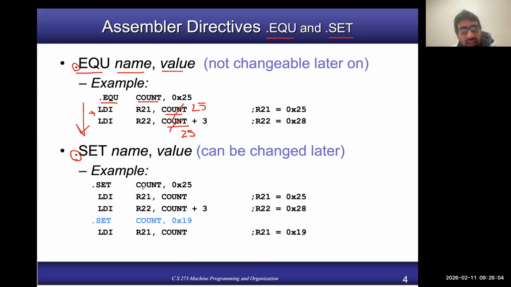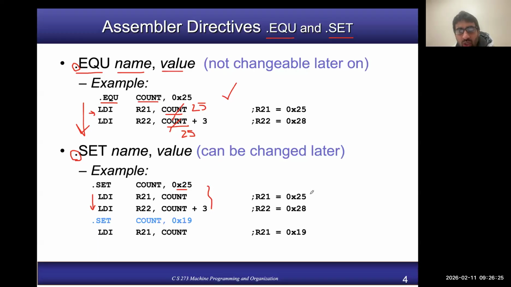So for example, let's say initially you said .set count, comma, 0x25. So everything is the same as in this example, right? But here we are now allowed to update the value, .set count 0x19. So in these two instructions, the value of count used will be 0x25.